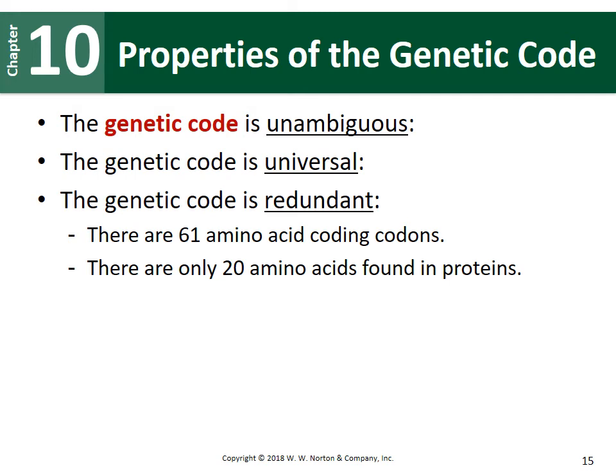So this is the redundant part, so there can be 2 to 4 actually different codons that code for the same amino acid. But every codon only codes for 1 amino acid. This genetic code is also universal, so it is pretty much identical in bacteria as it is in grass, as it is in humans.